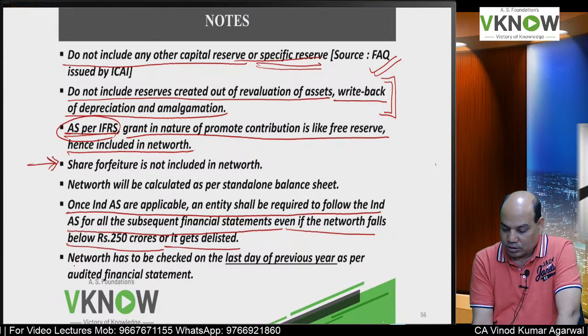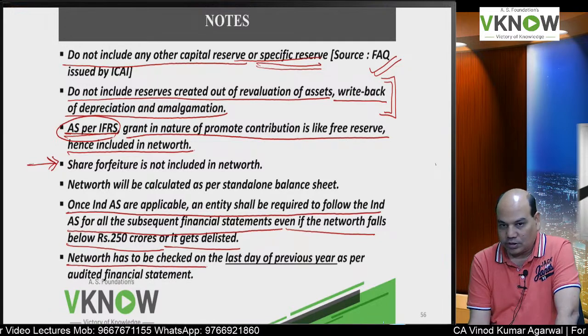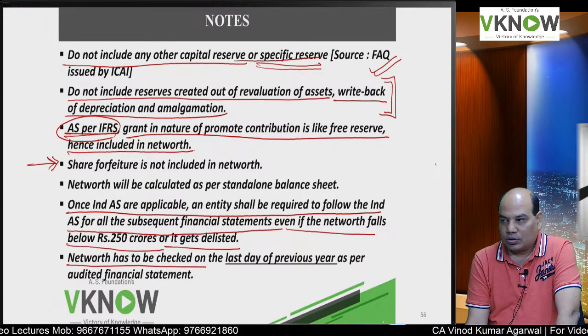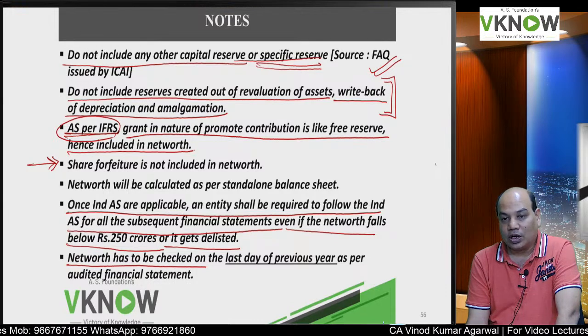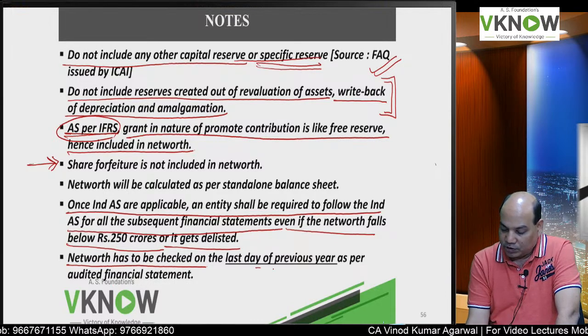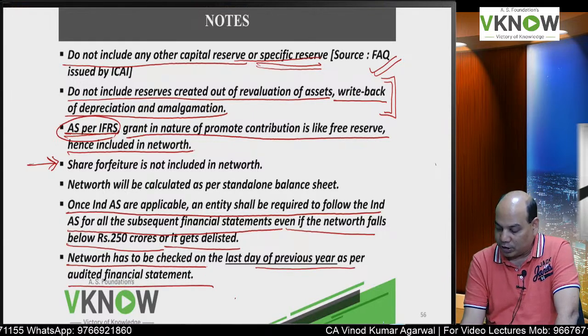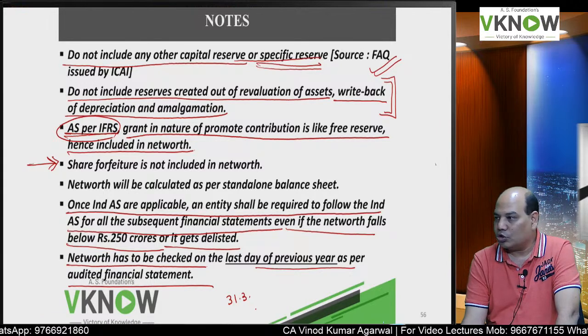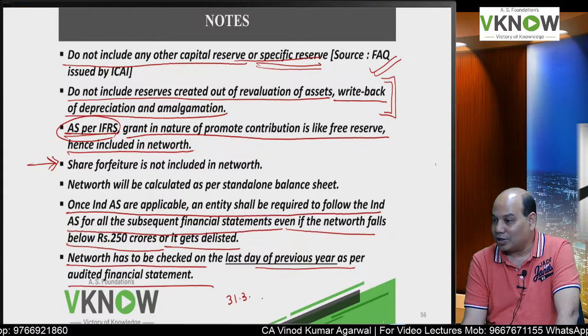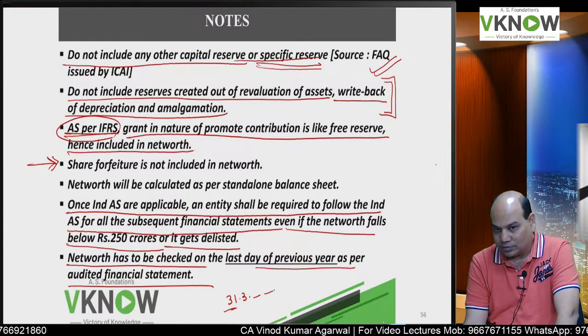And next is, when will you calculate the net worth? So right now we will calculate net worth on the last day of the previous year as per the audited financial statement. So every company other than banking and insurance company will have to check their net worth on 31st March every year.